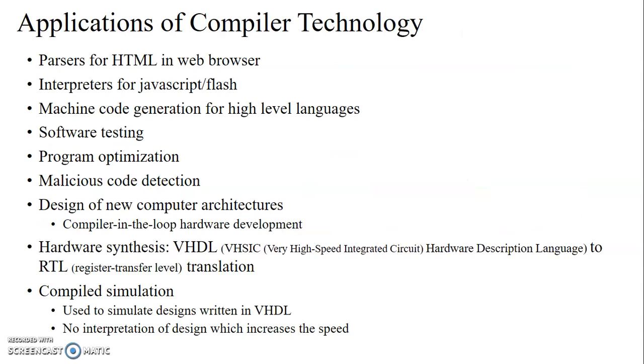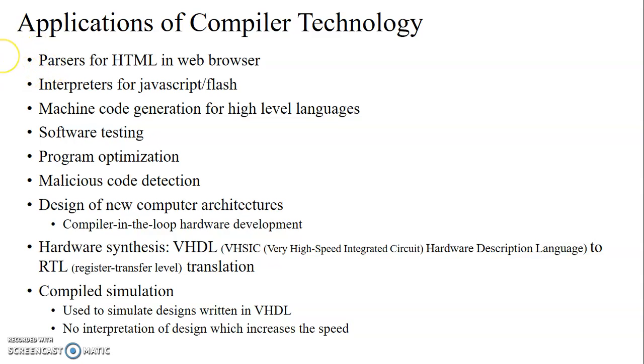platform. Then this presents applications of compiler technology. Where are we using compiler technology in practice? Compiler technology has a set of tools. Among the tools, the parser is used in the HTML language to develop web programming languages.